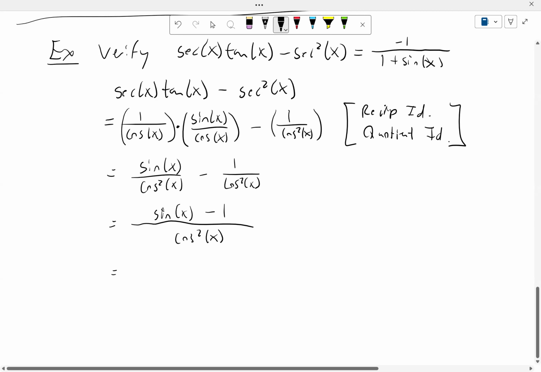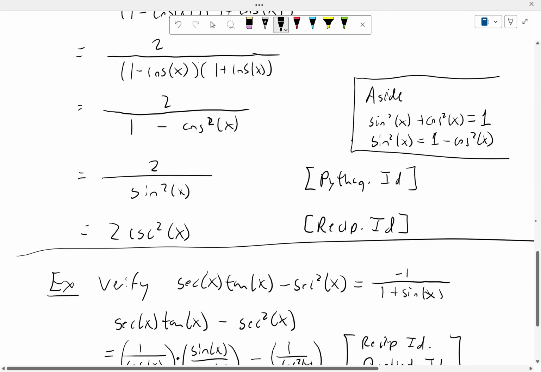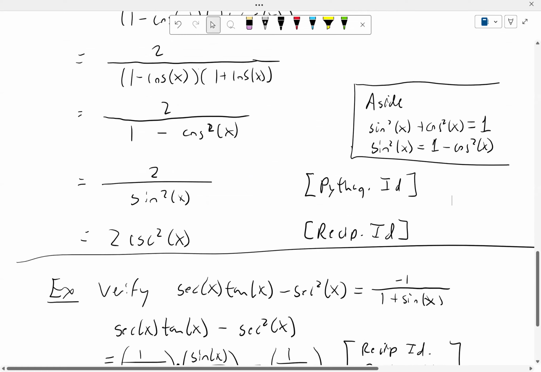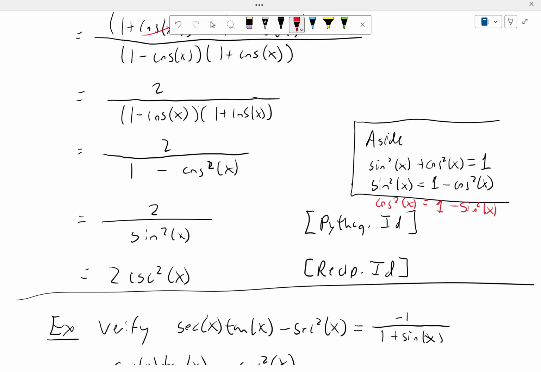Just as a reminder, we have that sine squared of x plus cosine squared of x is equal to 1. So sine squared is the same thing as 1 minus cosine squared of x by subtracting cosine squared on both sides. But we also could have subtracted sine squared on both sides, and we would have gotten that cosine squared of x is equal to 1 minus sine squared of x.